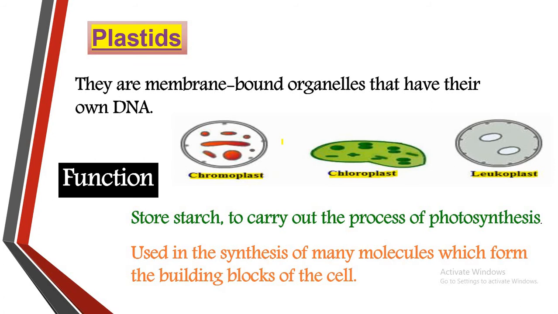The main function of plastids is to carry out photosynthesis, especially in the case of chloroplasts, and they are also used in the synthesis of many molecules which form the building blocks of the cell. It means they form the main parts required for the formation of the cell itself.